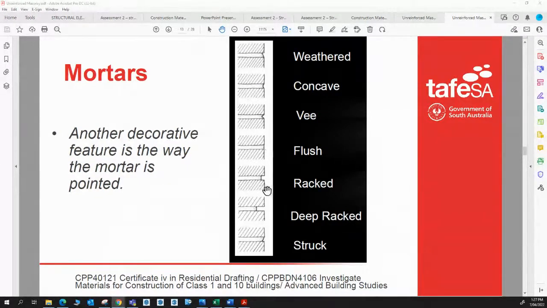And also the deep raked mortar was something that was a bit of a thing in the 70s, 80s, and 90s for some of your more brutalist type buildings. It was a bit of a feature as well. Beyond that, you won't see the weathered or the struck very often, or the V so much. But certainly the concave probably wins out in terms of frequency of use.